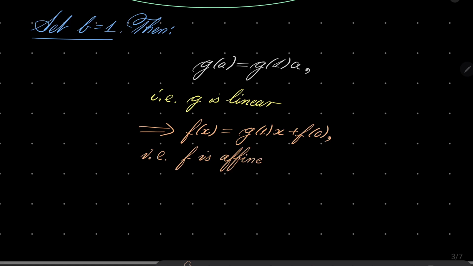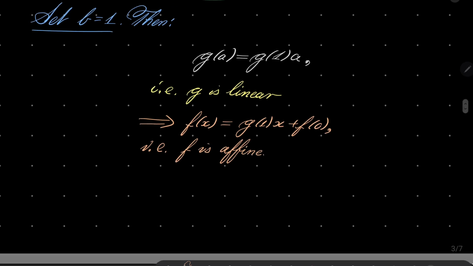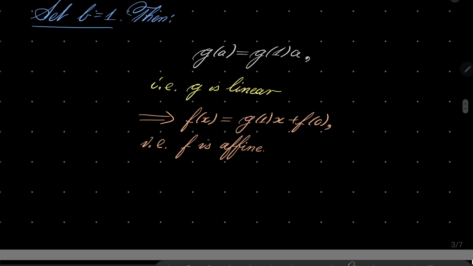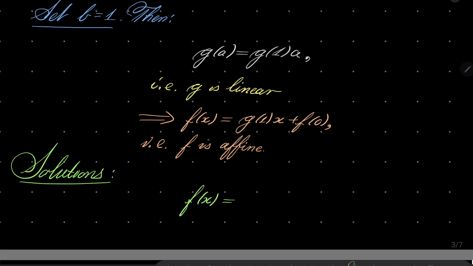Our function is affine. And now what we just need to do is to write our answer. Solutions: f of x is any function of the form ax plus b, where a and b are any real numbers.